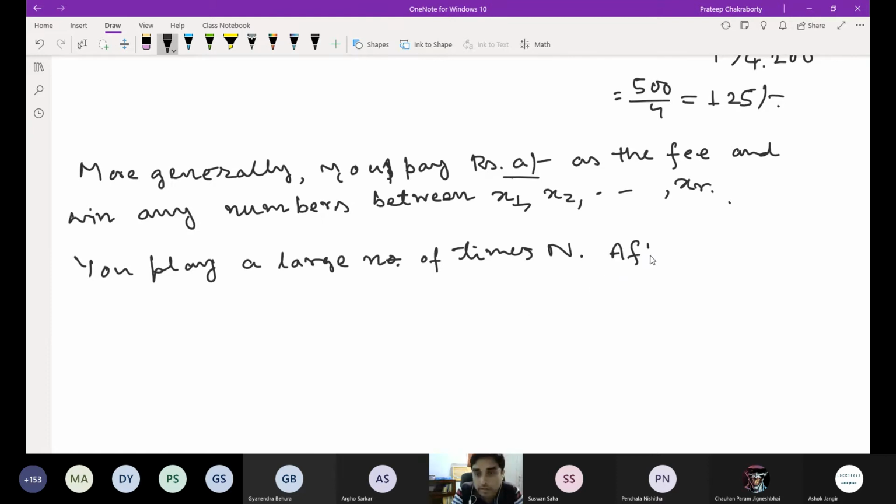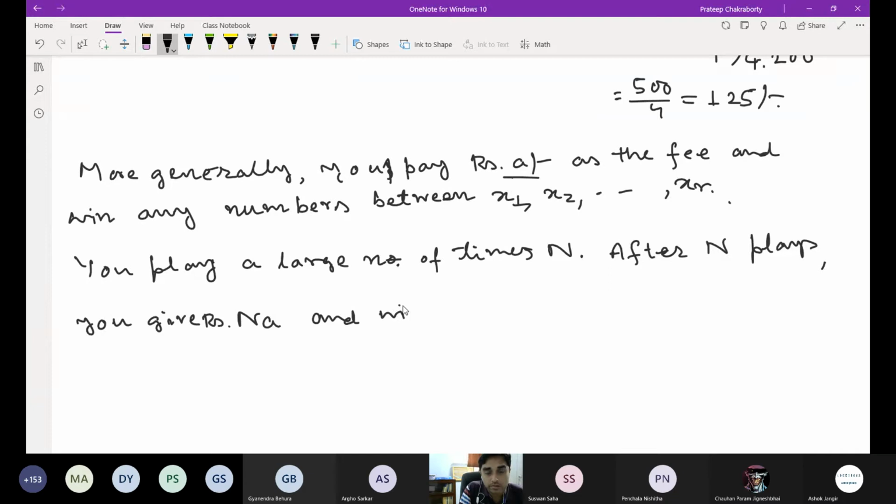After n plays, you give rupees nA and win. Suppose in the first game you win capital X1, then capital X2, then capital Xn.